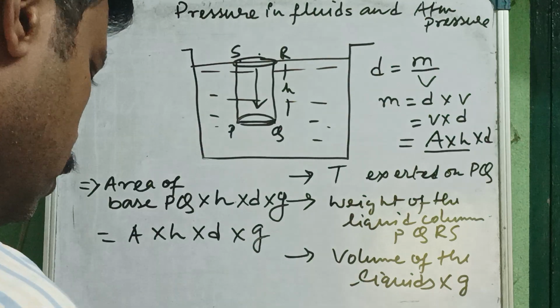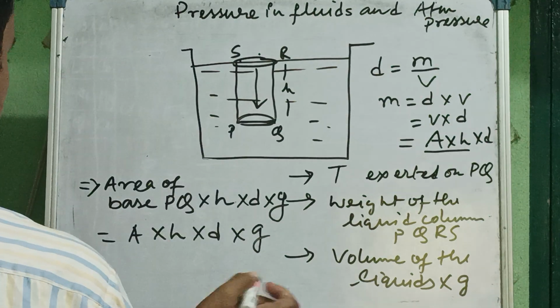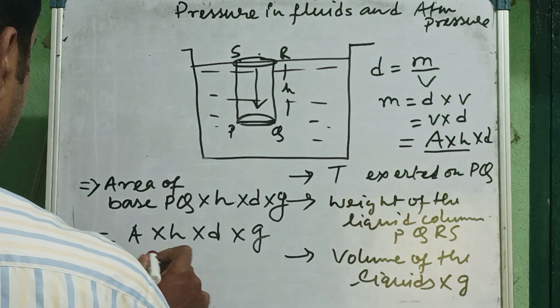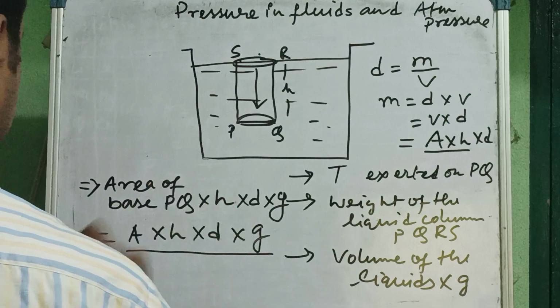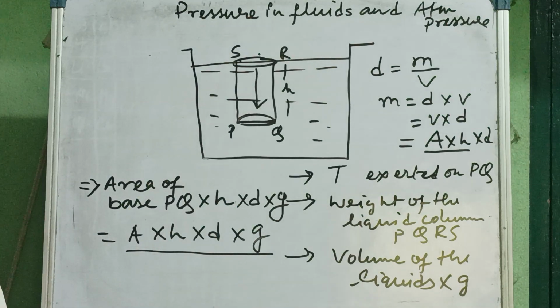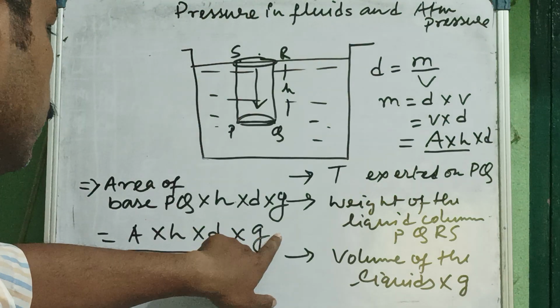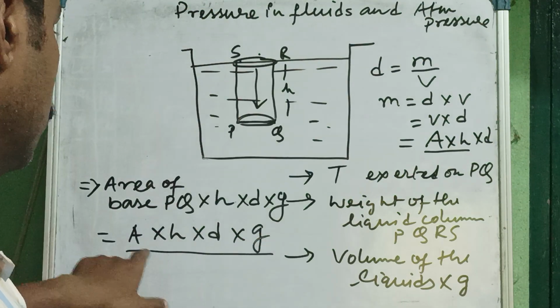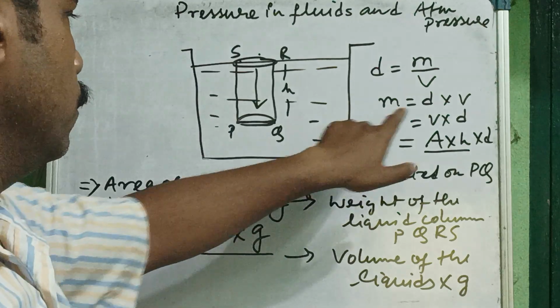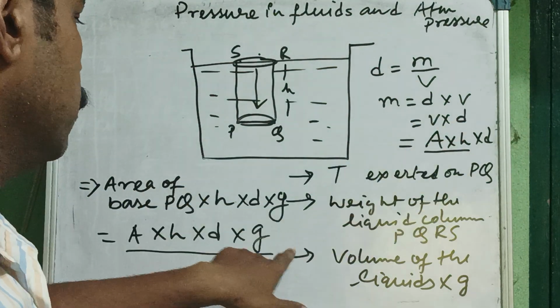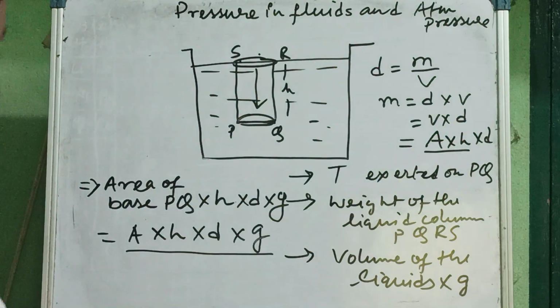Now pressure equals thrust by area. This is the thrust, and this is also a force, because force has acceleration due to gravity. So force is equal to volume into density into acceleration due to gravity.